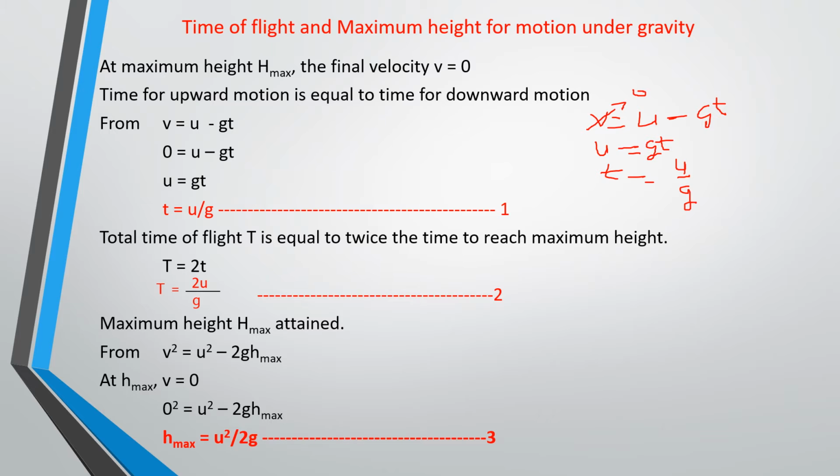Which means that the total time of flight T will be equal to 2t. Now, we already have this t. So total time of flight will be 2 times u over g, which gives you total time of flight to be 2u, 2 times initial velocity, all over g.